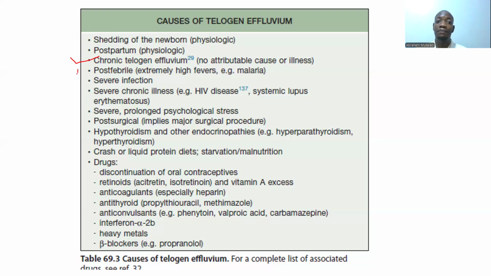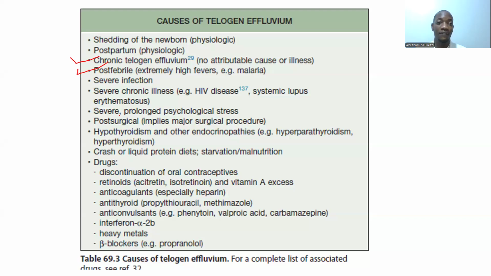Then we can also have postfebrile telogen effluvium, which occurs after very high grade fevers, and this is usually seen in debilitating conditions like severe malaria with anemia, or septicemia, which requires you to admit a patient. In that case, the patient can also end up losing hair after the condition has resolved.